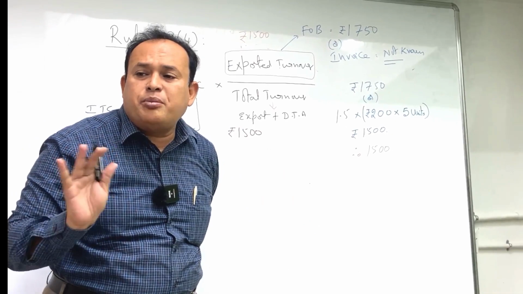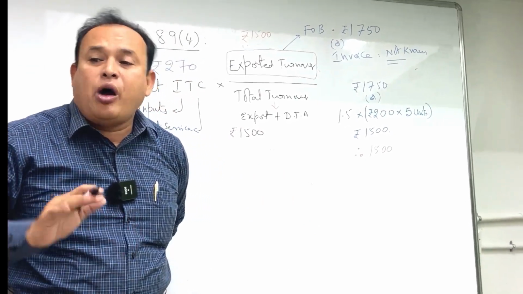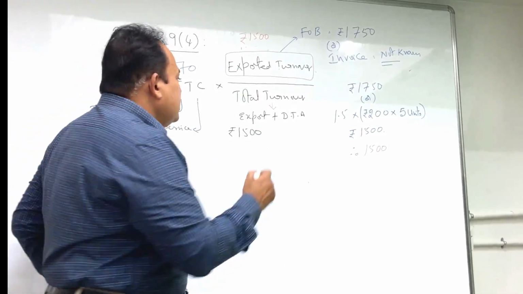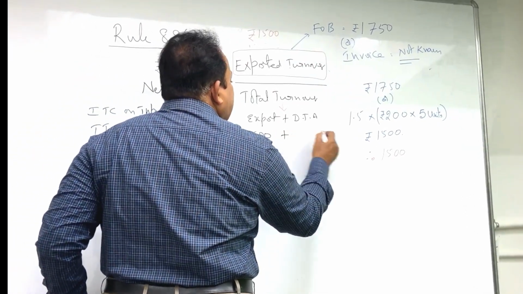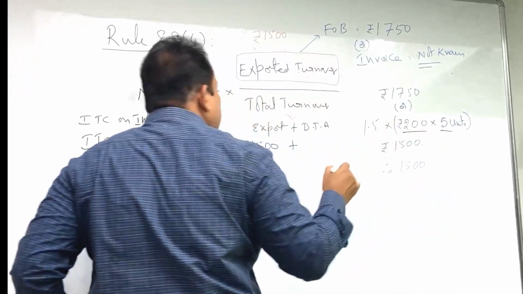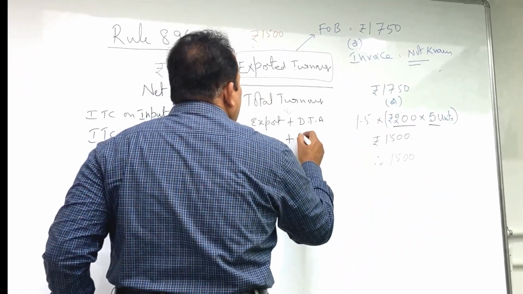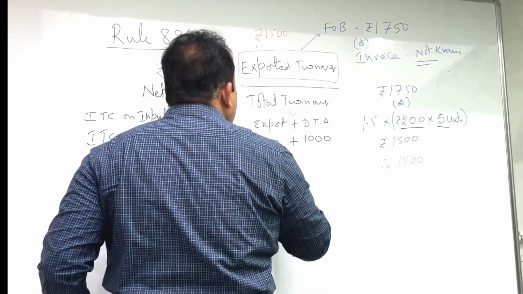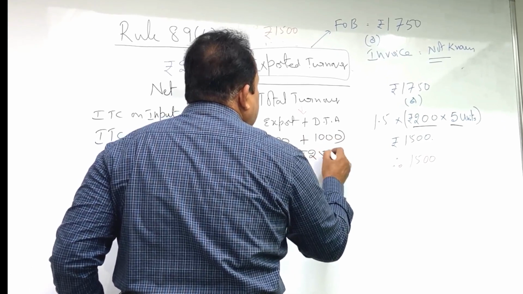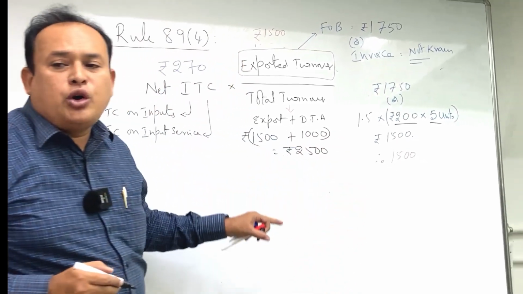That is not my export turnover for formula purposes. I have identified 1500 as my export turnover plus local clearances, DTA clearances: 200 rupees per unit, 5 units, which is rupees 1000. As a result, I got 2500 as my total turnover.